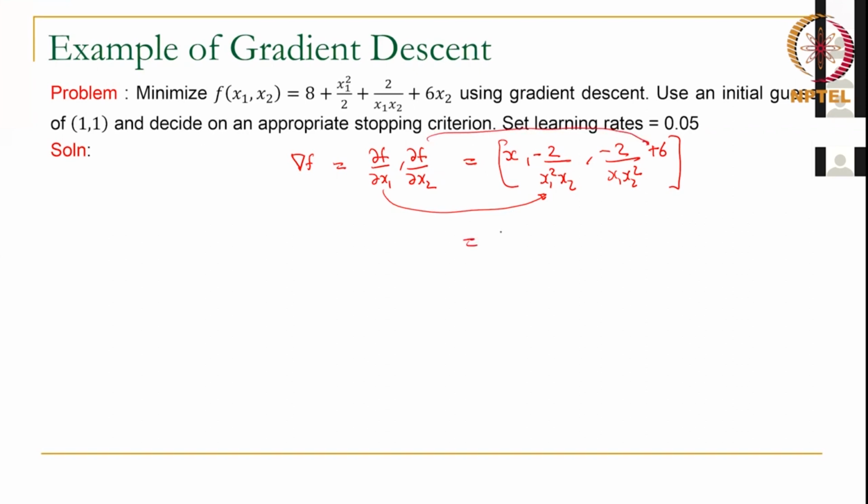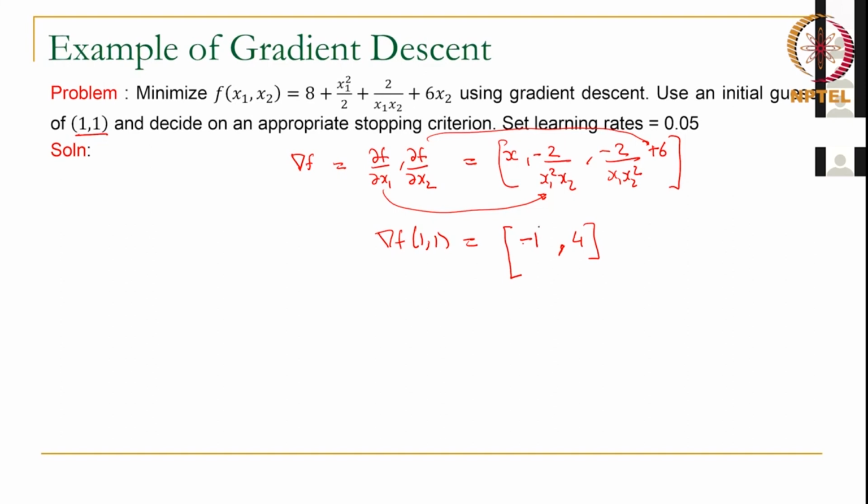So at 1, 1, this gives the value of grad f at the initial position 1, 1, gives us minus 1 and plus 4.